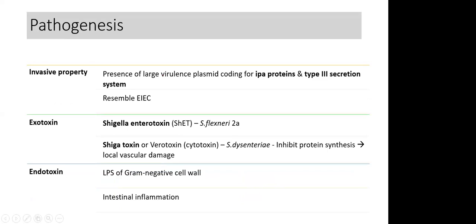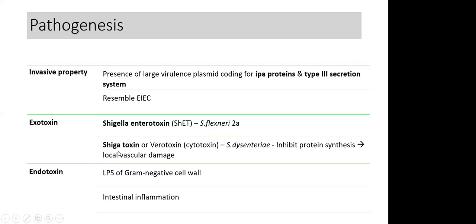The main pathogenesis is due to the virulence factors of Shigella. First and foremost is the invasive property of Shigella, by the Ipa proteins and type 3 secretion system, and this resembles the enteroinvasive E. coli. The exotoxin is the second virulence factor. Shigella enterotoxin is mostly produced by Shigella flexneri 2a type.